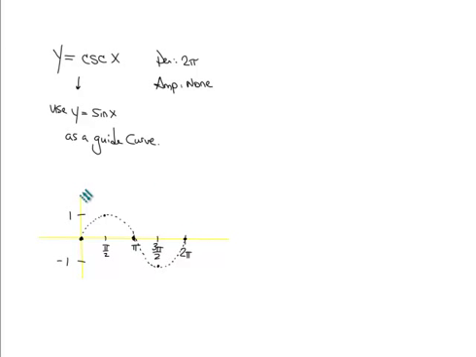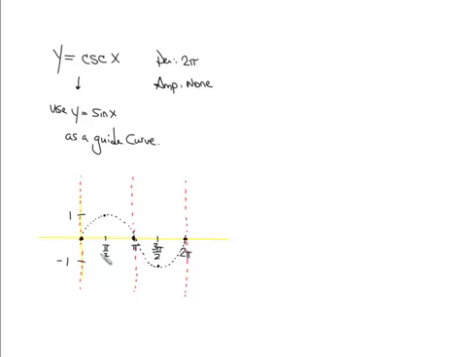And so we are going to end up with asymptotes here, here, and here, because those are the places where sine is 0, and so cosecant is undefined. So you want to make sure you draw your asymptotes in because those are going to be your guides, and we're now going to use the sine curve to help us guide the actual cosecant curve as well.